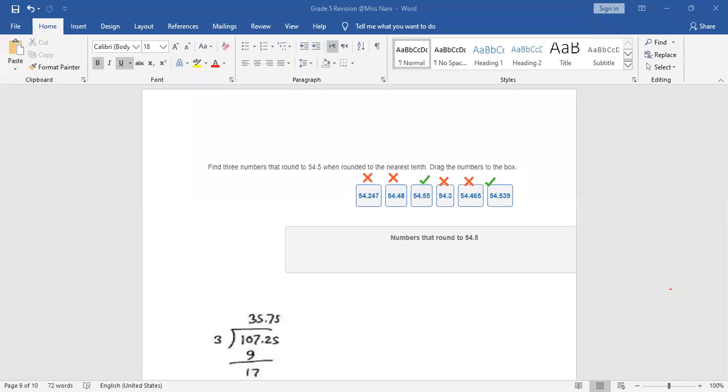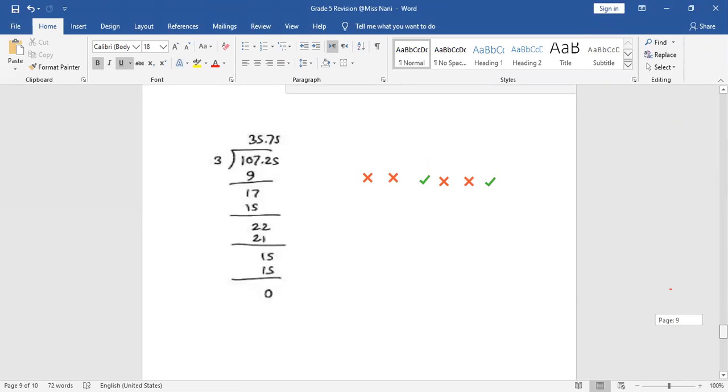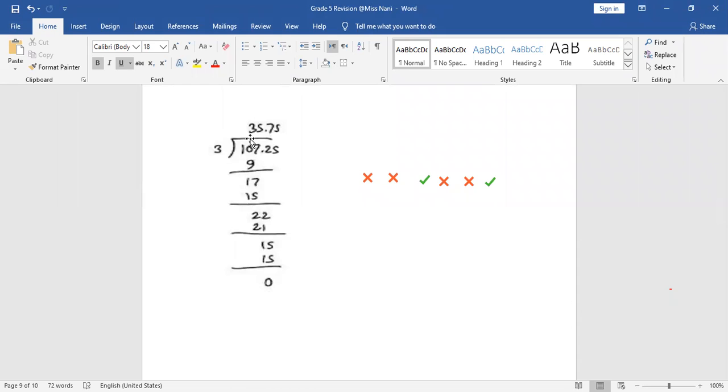Okay, and the last example I want you to know, this is a long division. I want you to know how it is done. So the first one I'm asking here, 107.25 divided by 3. So I will ask, 10 divided by 3, it will be 3. 3 multiplied by 3 is 9, then I do minus. 10 minus 9 is 1, I bring down the 7, then 17, how many 3s in the 17?